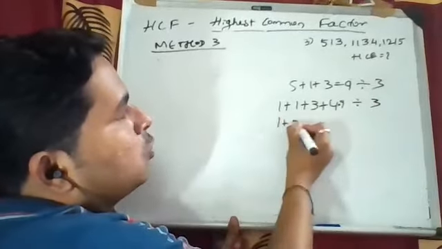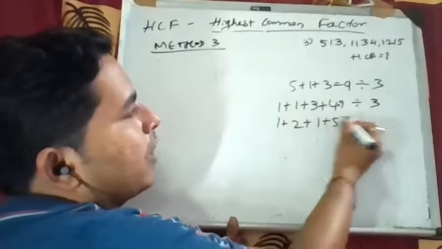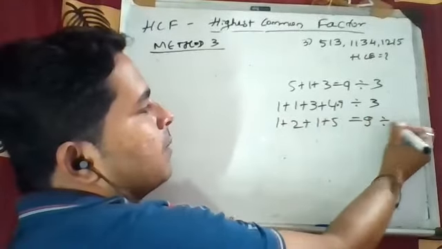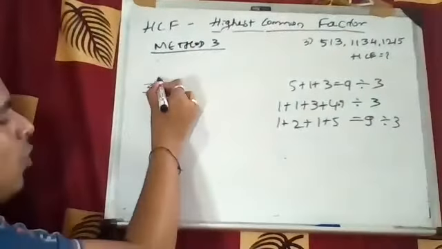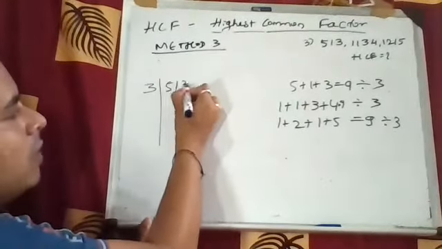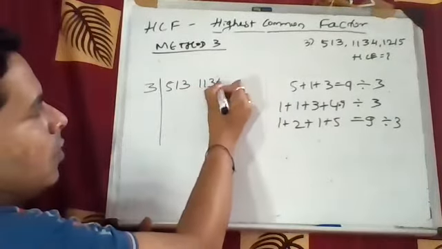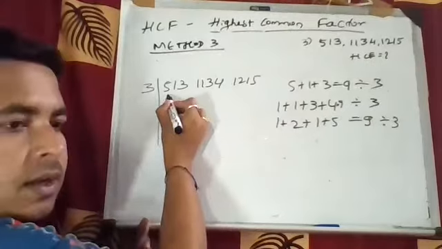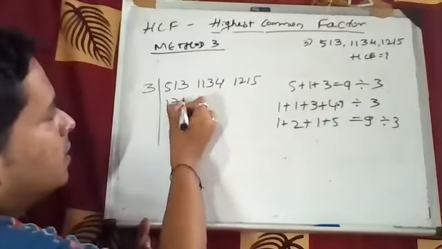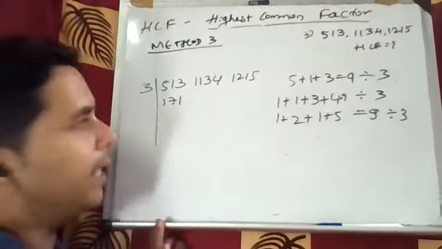Again 1 plus 2 is 3, 3 plus 1 is 4, 4 plus 5 is 9, which divides by 3. So what is common in all numbers? 3. So take 3 as the common number. 513, 1134, 1215: 3 ones are 3, so 171.